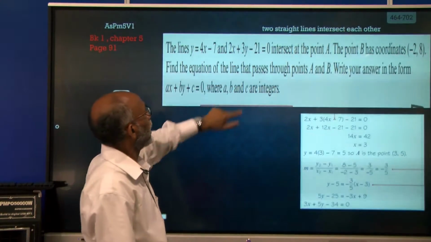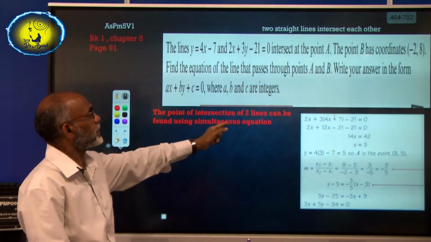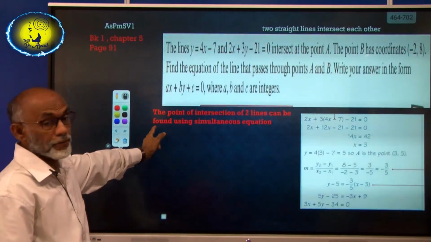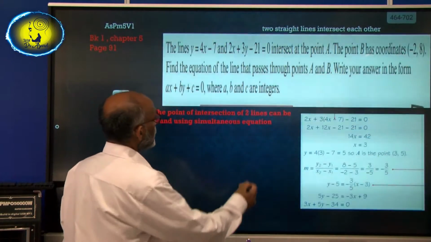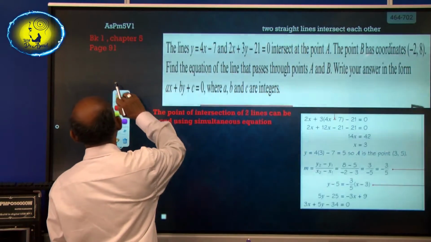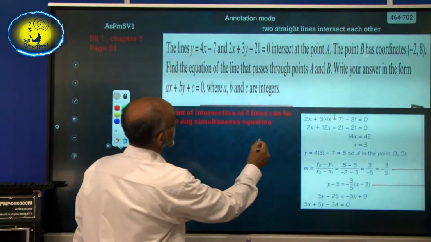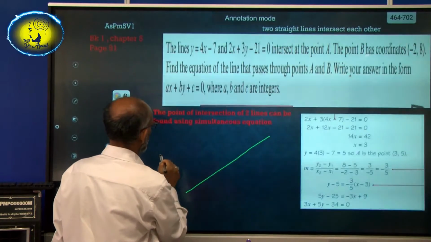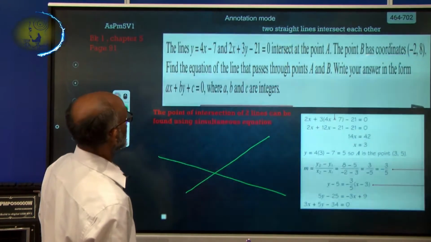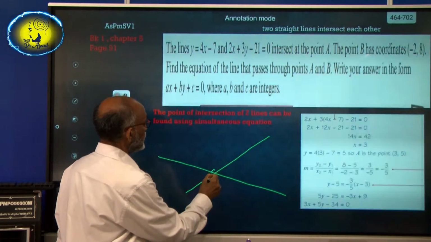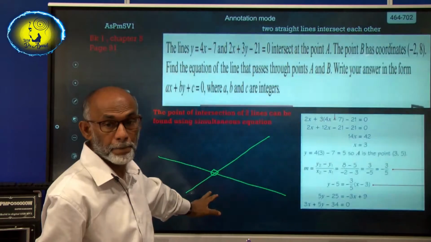When two straight lines intersect each other, the point of intersection of the two lines can be found using simultaneous equations. Suppose we have two lines, this is the intersection point.